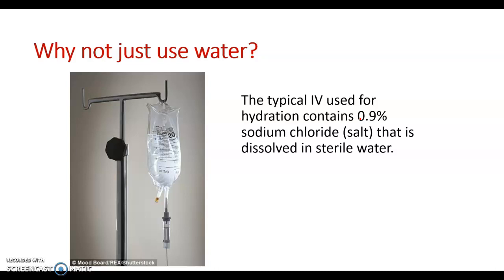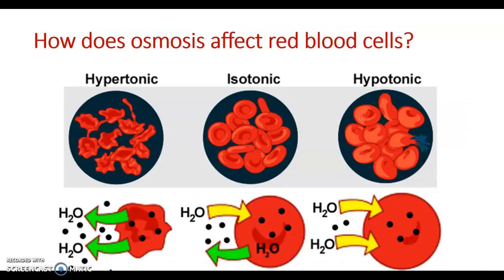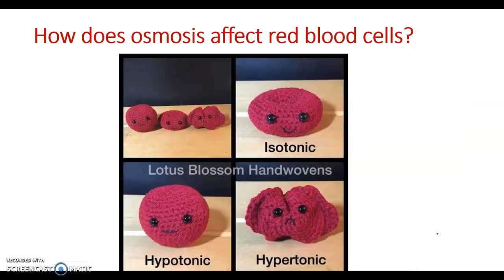But what would happen if we just injected pure water into our bloodstream? What scenario would that simulate? Hopefully you said that it would be a hypotonic solution because there are no solutes in pure water. So it would cause that water to really flood our cells and we would undergo a lot of hemolysis.